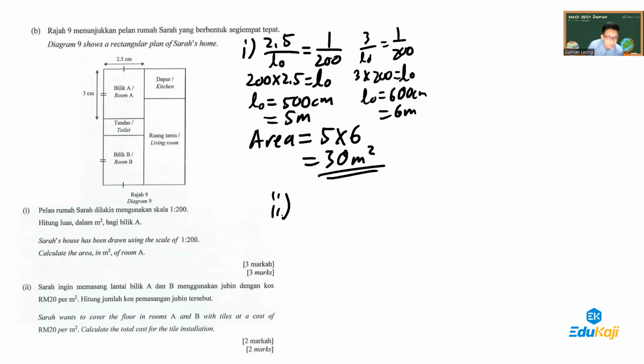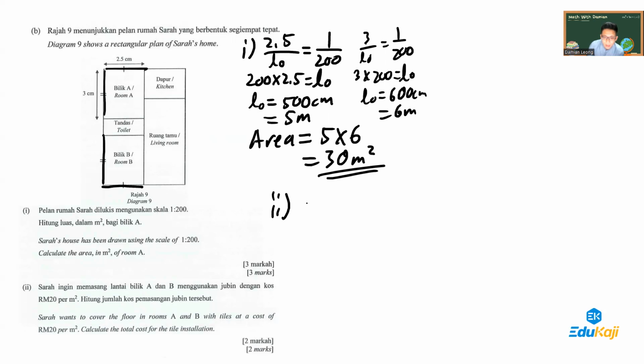Then the second one. Sarah wants to cover the floor in rooms A and B with tiles at the cost of 20 ringgit per meter square. What is the total cost of tile installation? You see 3 here, 2.5 here, and 3, 2.5 here. It should be the same area. So both have the same area.